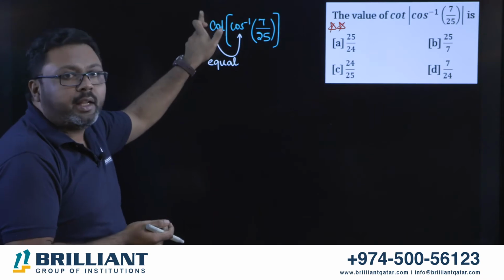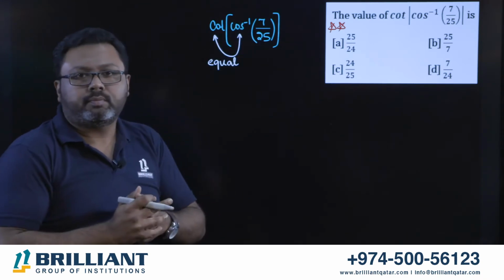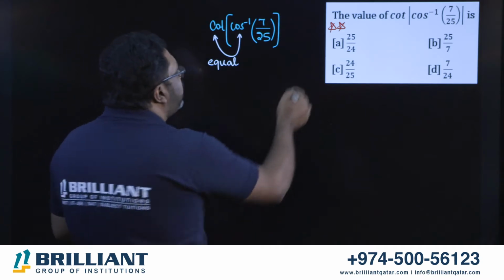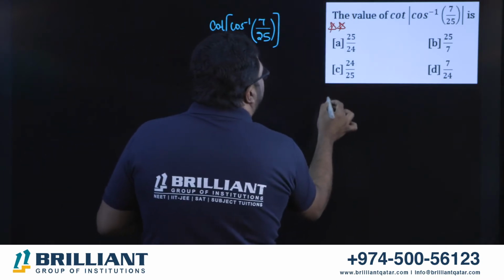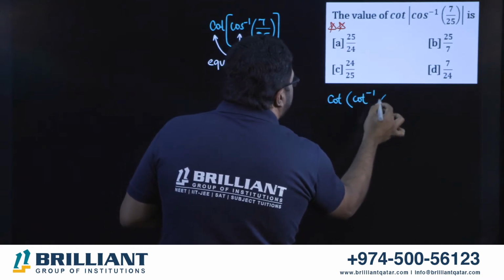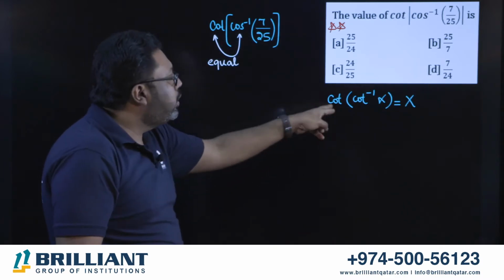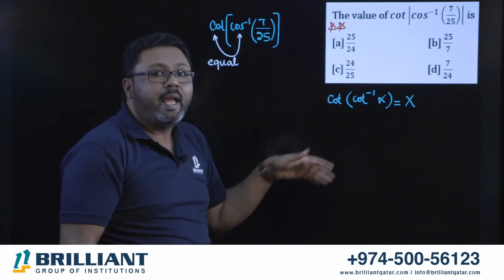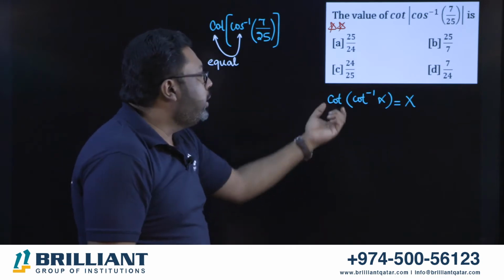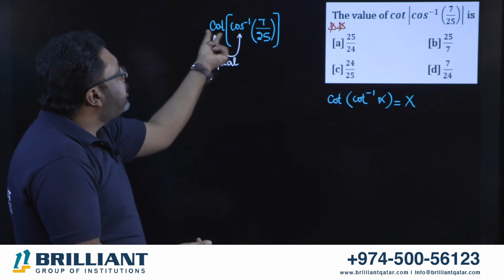Instead of cot, you can make it as cos of cos inverse or maybe cot of cot inverse. Both are fine. Because according to the property of inverse trigonometric functions, cot of cot inverse x is simply going to be x. It is like both the functions which are inverse of each other eliminate themselves and you get the value x. So that property is very important. So try to make them equal.